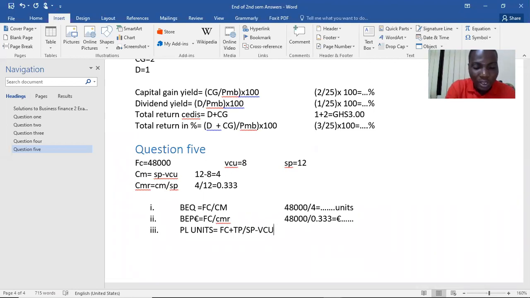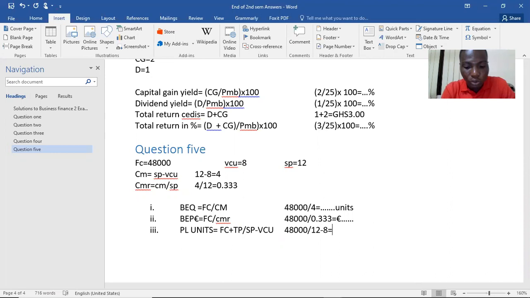This is the equation method. If this were the contribution method, we would have just seen fixed cost over selling price minus variable cost per unit. That's all. So take note. This is 48,000 divided by selling price, which is 12, minus 8.